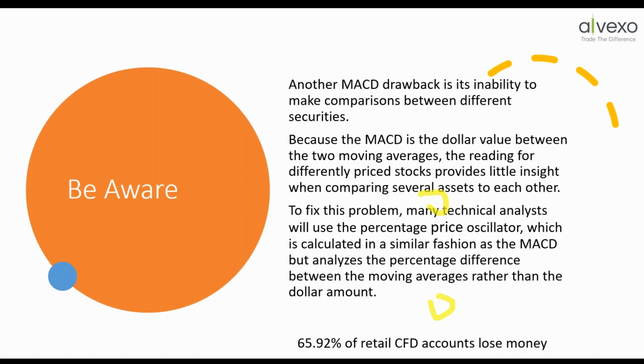Another drawback of MACD is its inability to make comparisons between other securities. Sometimes, even though we have some general rules here, you have to take a look at how MACD behaves in these particular areas or these asset classes. Okay. Because as we know, cryptocurrency has big shifts in the market. It's steadily moving and it moves big dollar amounts. Okay. So we might have to understand different relationships with MACD and cryptocurrency.